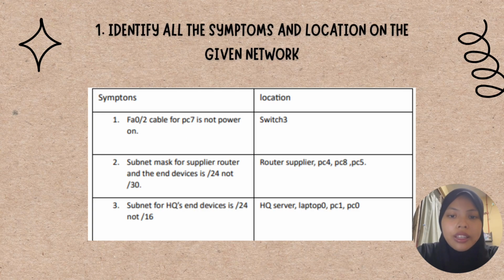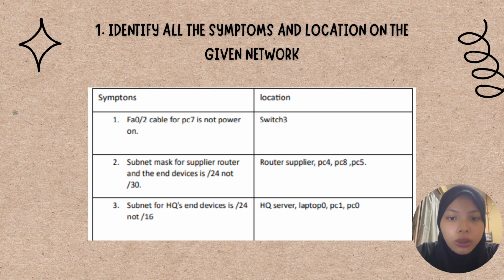So I have identified all the symptoms and locations on the given network. The first symptom is that interface FA0/2 cable for PC7 is not powered on. The location is on Switch 3. Second, the subnet mask for the supplier router and the end devices is /24, not /30.